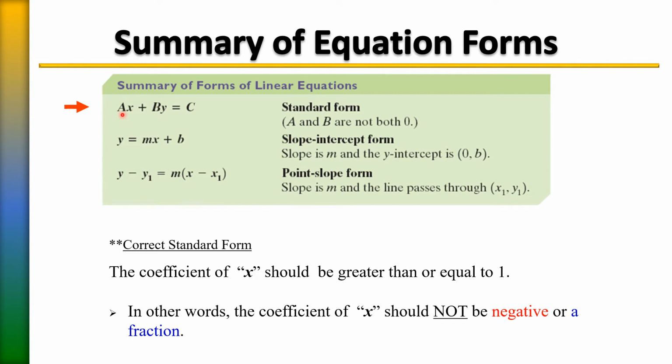If it is, then you should go through the process of rewriting it so that a is not a negative or a fraction. Now, that's with standard form only. That's what we call the standard form of writing it. And we'll talk more about that later.